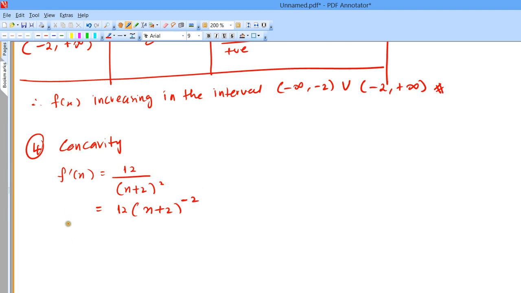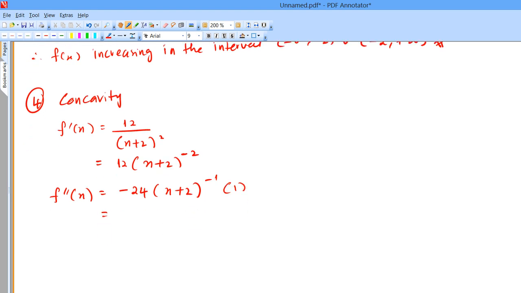And then differentiate one more time. f double prime x equal to negative 24 times x plus 2 to the power negative 3, which equals negative 24 over x plus 2 cubed.